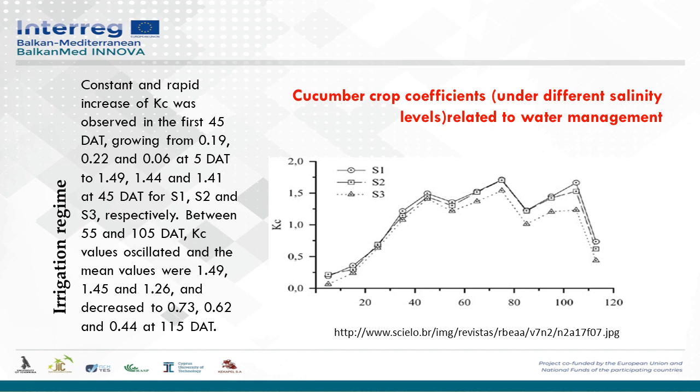And then after 105 days after transplanting, the crop coefficient values are significantly reduced to 0.7 and 0.44 respectively for S1 and S2.